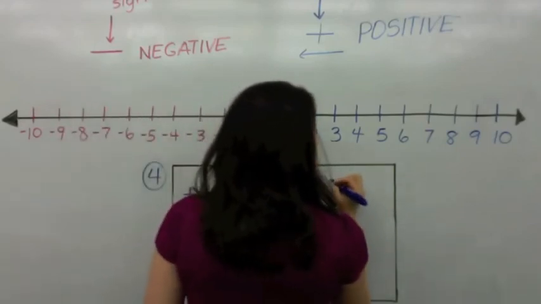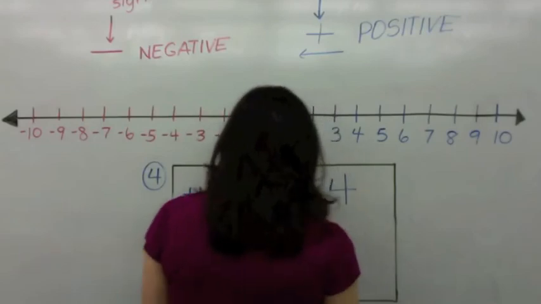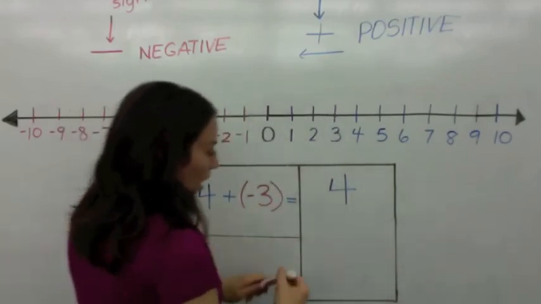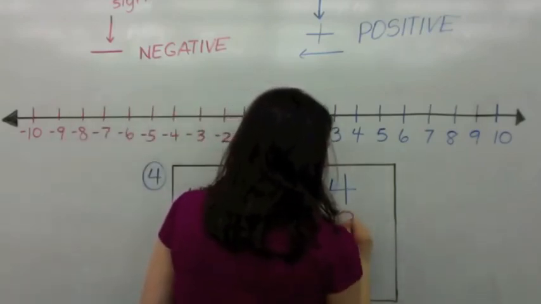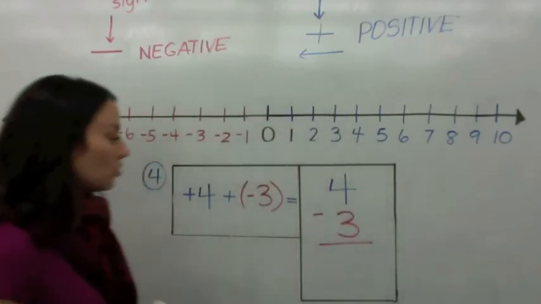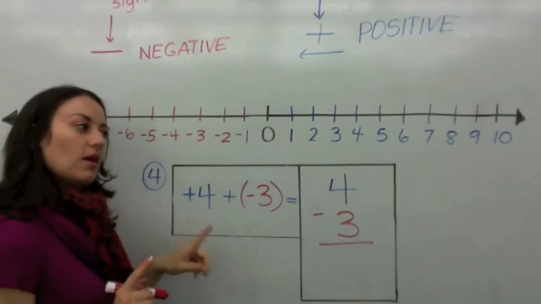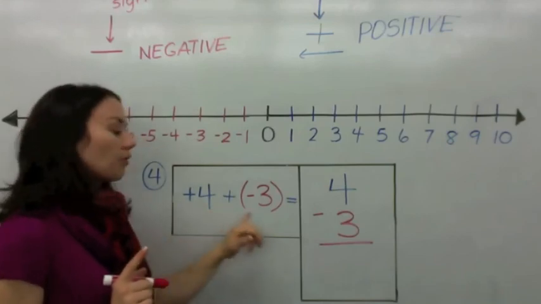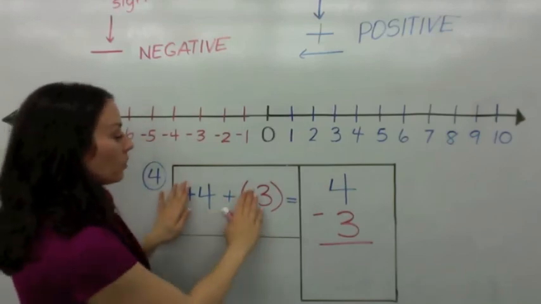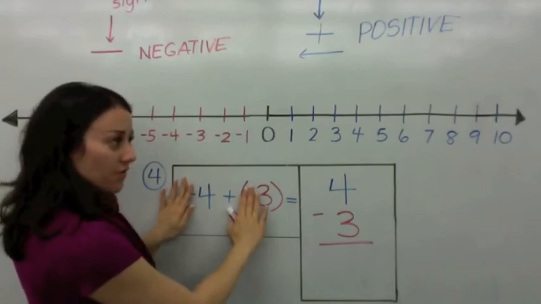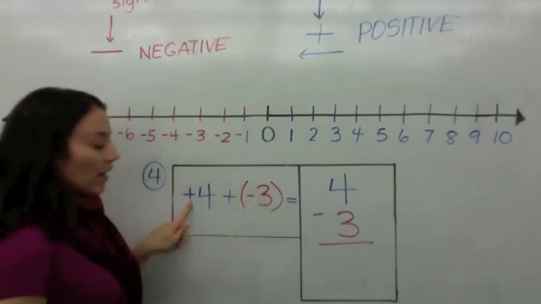So we're going to take that 4, and then we're going to subtract 3. So 4 minus 3. Now, I have a question. What is the sign of the higher number? If you weren't looking at the signs, which one is bigger? It's 4, isn't it? So 4 has what sign next to it?